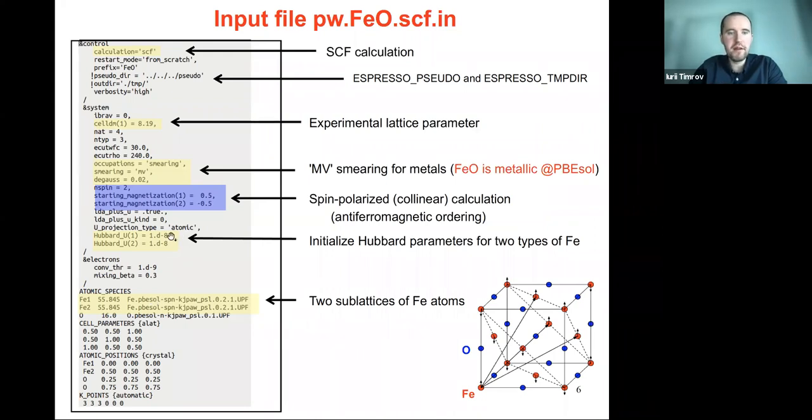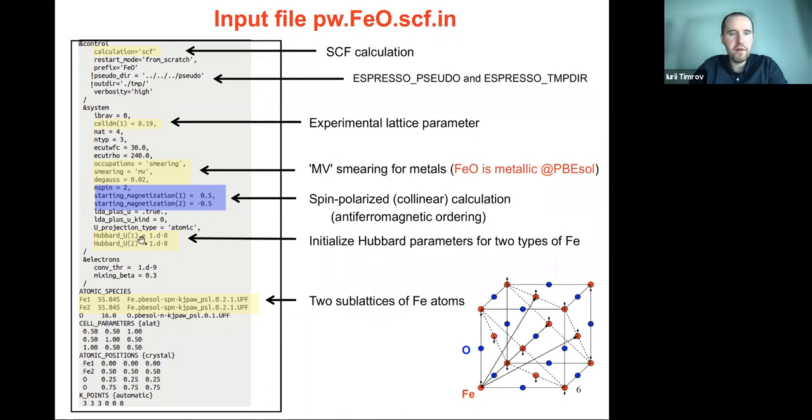But we put in a very small number just to activate the DFT plus U machinery, because when you use DFT plus U, the code prints extra information in the output file. So we want to see this extra information when we don't have U correction. That's why we just activate all flags, but essentially we are not applying any U correction. So we're just trying to cheat the code.